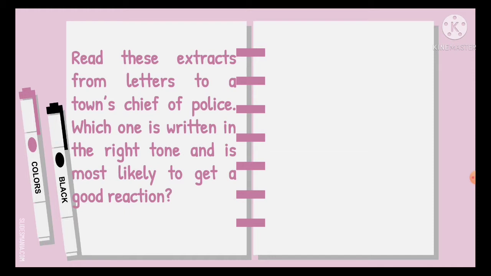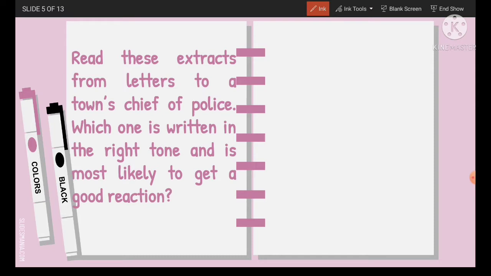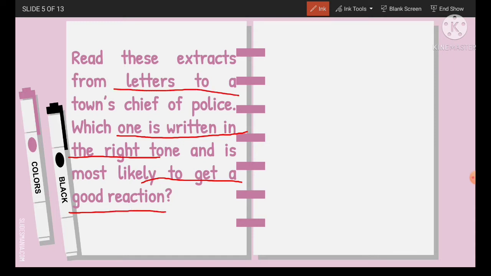So you have to decide which of the two extracts is written in the right tone and is most likely to get the desired reaction. So the keywords from the question: they're asking you which one is written in the correct tone and which one will get a good reaction from this person, the town's chief of police.